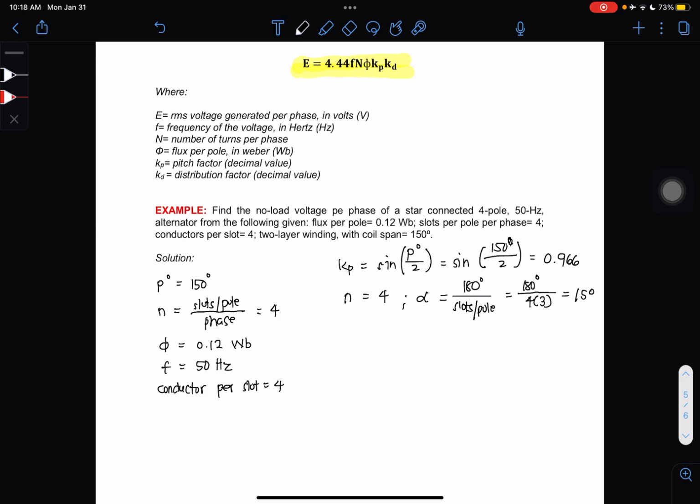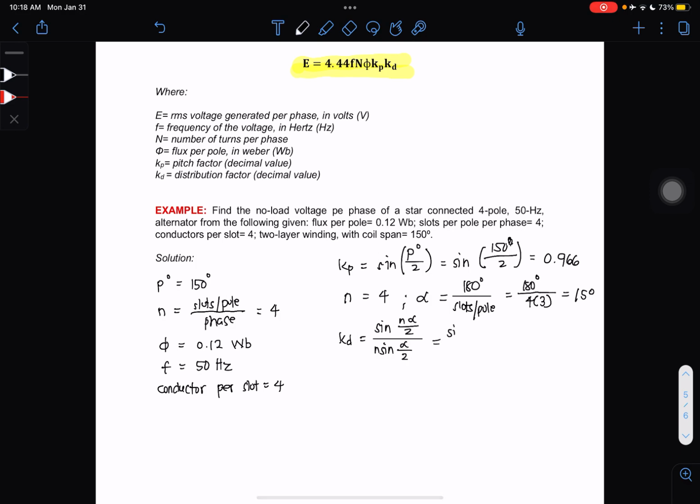After the pitch factor, we need to solve for the distribution factor. Given all the values: sine of N alpha divided by 2, divided by N sine of alpha divided by 2.